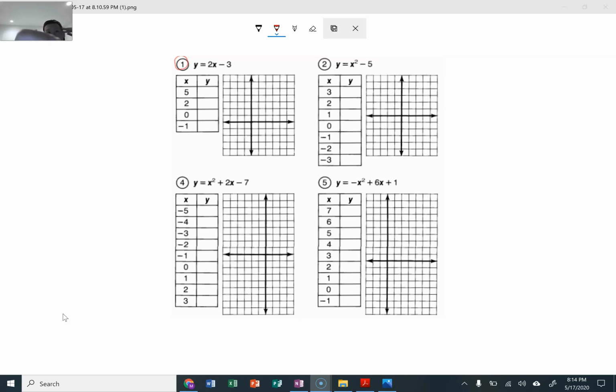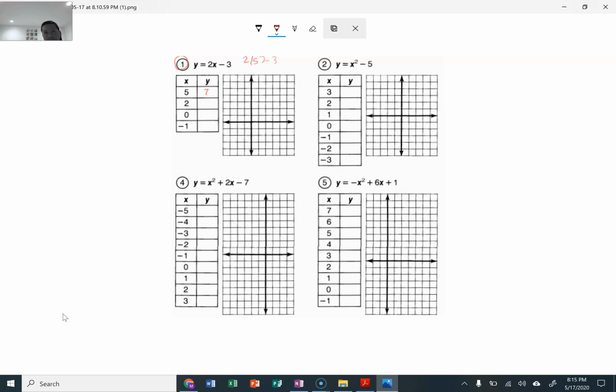If you're looking at problem number 1, which I circled in red, you're going to plug 5, 2, 0, and -1 back into the equation. If you plug in the very first one, I get 2 times 5 minus 3. That's 2 times 5, which is 10, minus 3, which is 7.